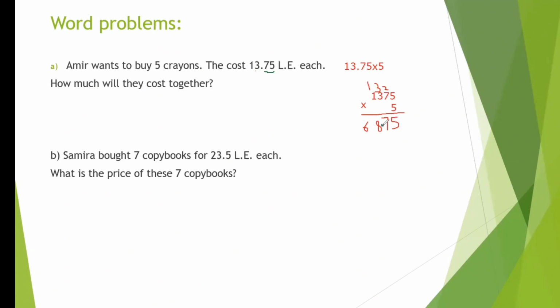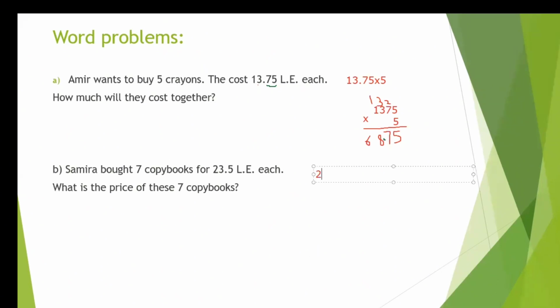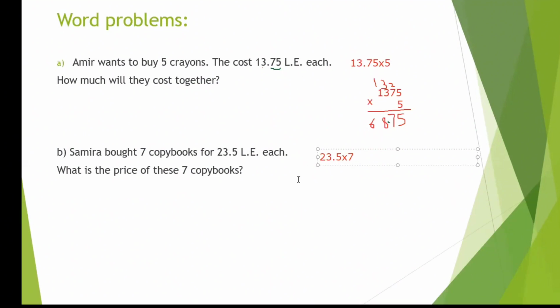B. Samira bought 7 copybooks for 23.5 each. What is the price of the 7 copybooks? So we have to multiply 23.5 by 7 to get the total price of the 7 copybooks.